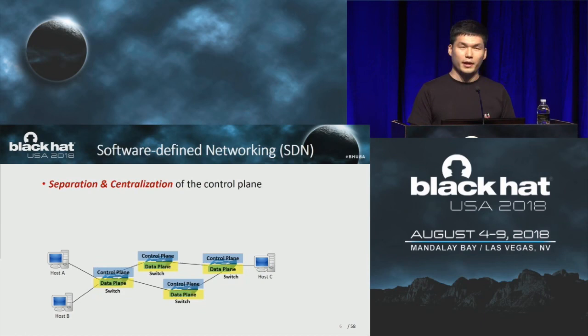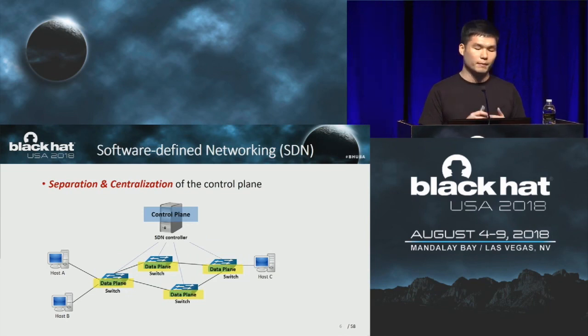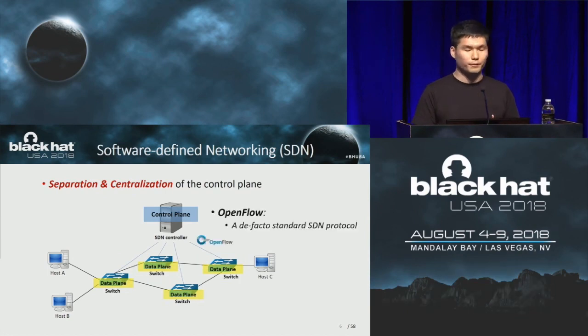The other is the data plane, a simple packet forwarding device. It just forwards or drops packets based on the control plane's decisions. But in SDN, the control plane is separated from the devices and centralized into the SDN controller. The SDN controller is connected to all the data planes and communicates with them using an SDN protocol known as OpenFlow.